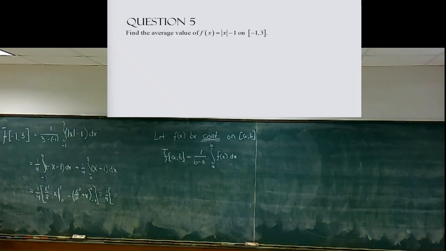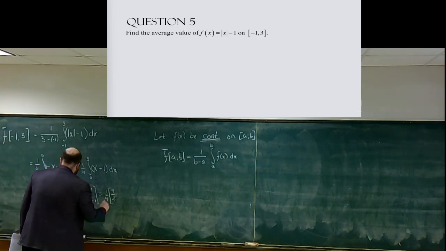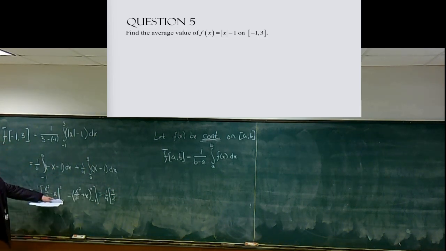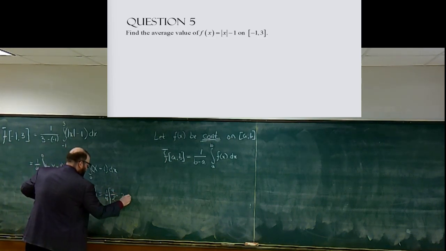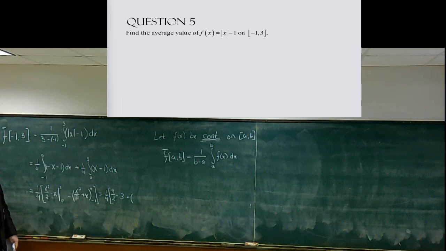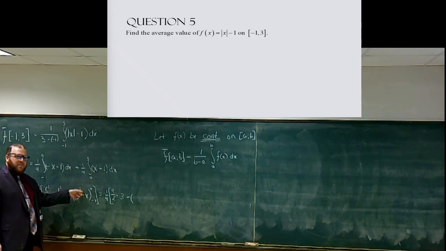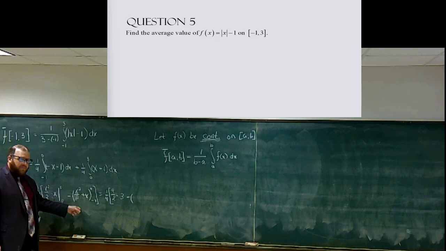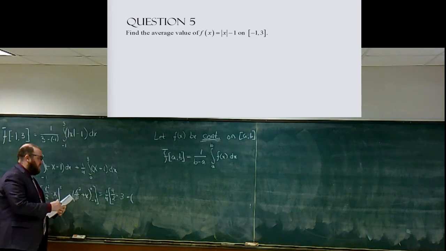9 halves minus 0 is just 9 halves. Three minus 0 is 3. Zero minus a half. Negative 1 squared is still positive 1.